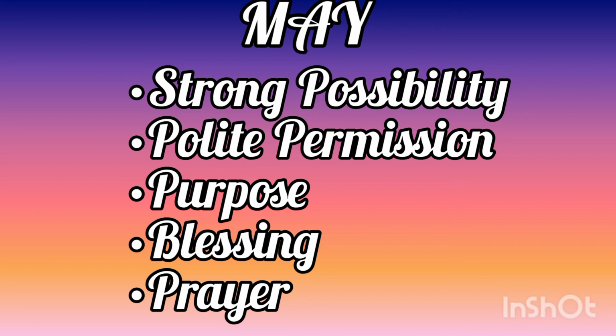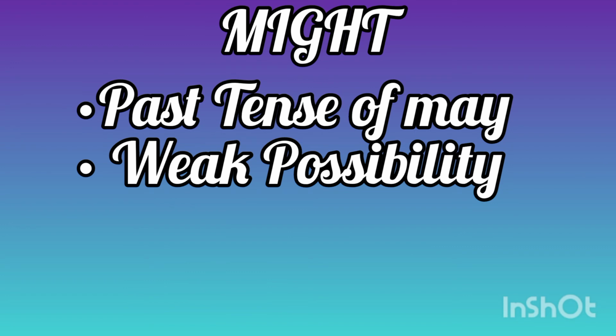Now, what about might? Might is the past tense of may. Might is used in the context of the past time. For example, he said that he might come to my house that day.